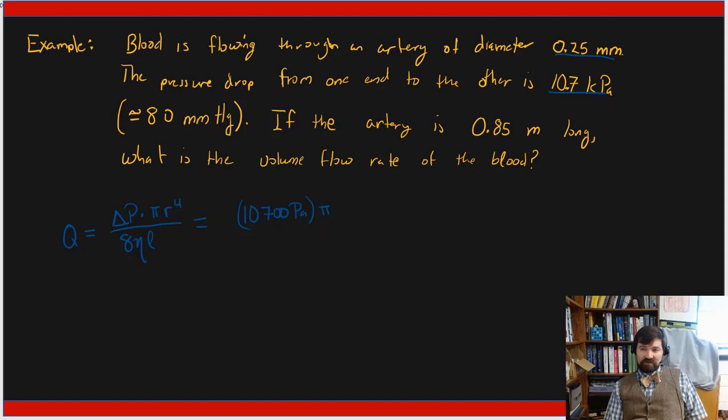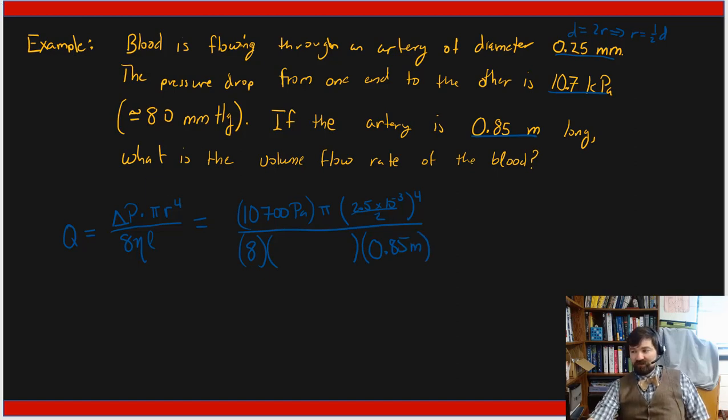In fact, this is D equal to 2R, so R is equal to 1/2 of D. So this would be basically 2.5 times 10 to the minus 3, all divided by 2, quantity to the fourth power. And then we have 8, and then eta we'd have to go look up in a chart, and then L is 0.85 meters long.